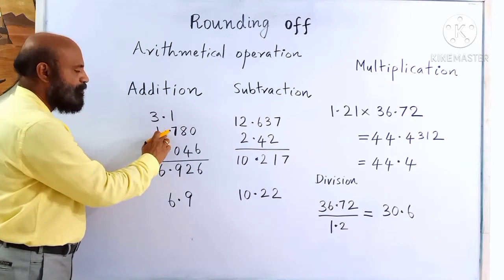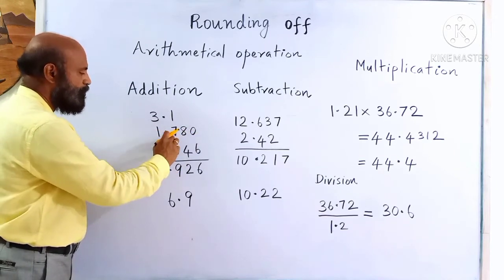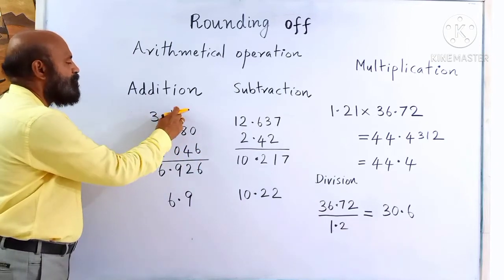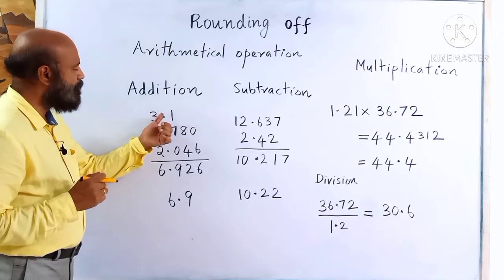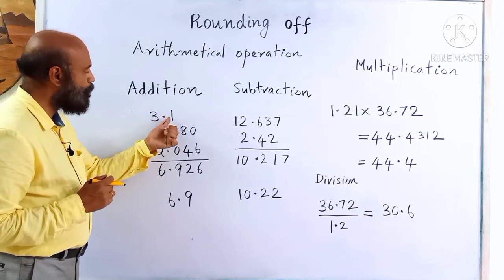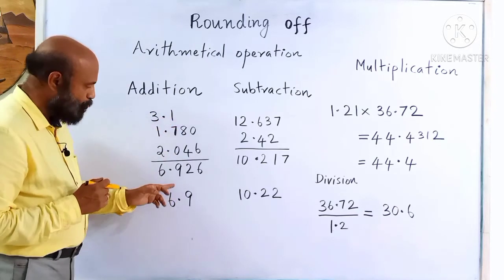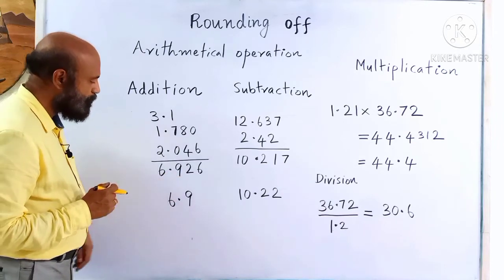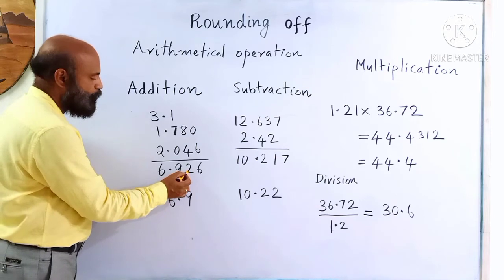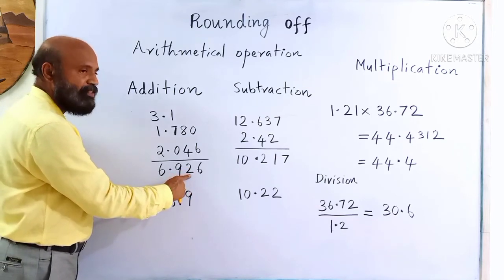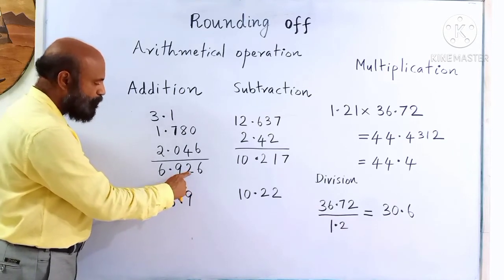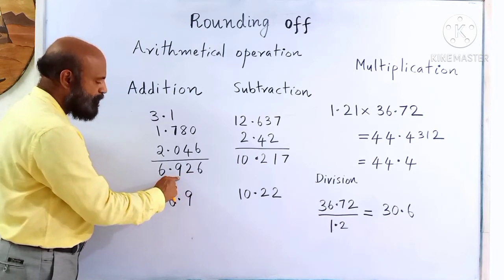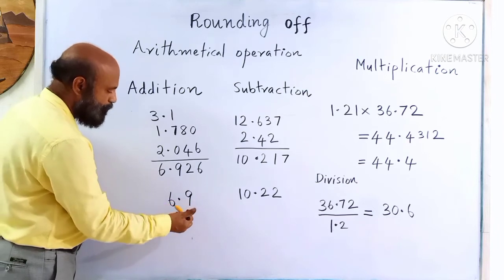Here, after the decimal point, 3 digits are there, here also. Out of these, this has the least number of significant digits after the decimal point. Only one digit is there. So in the answer also, there should be only one digit after the decimal point. That means this is to be dropped. This number is less than 5. So you can drop this 2 and this will be left unchanged. So 6.9.